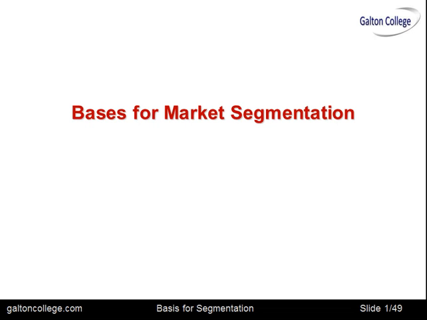In this session we're going to talk about market segmentation. Now, market segmentation simply means dividing the market up into segments which have particular requirements, particular product requirements, and companies who engage in market segmentation identify specific markets, identify the segments within the markets, and then attempt to meet the customer requirements within those segments.